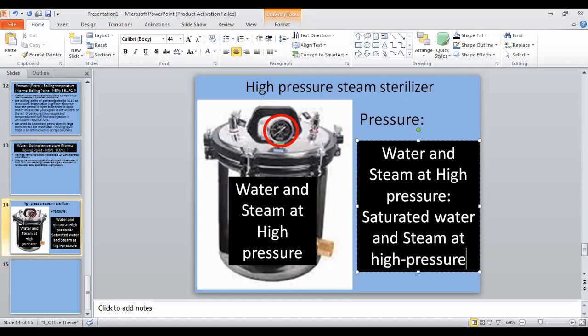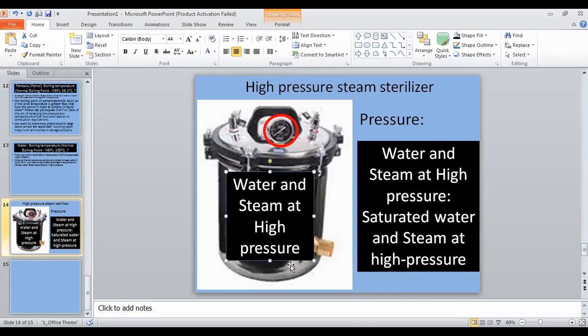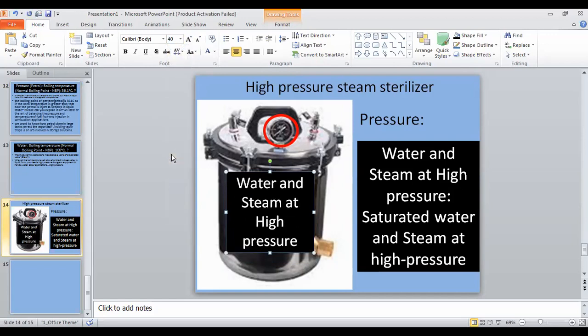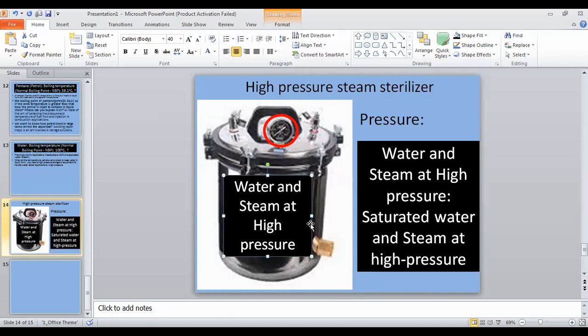Remains to be, if this is being in operation, let's say for one process, so at a constant pressure, so you are maintaining this, so quite stabilized at a certain pressure, both water and steam they are together, so that is saturated. So later we will understand what saturation means.